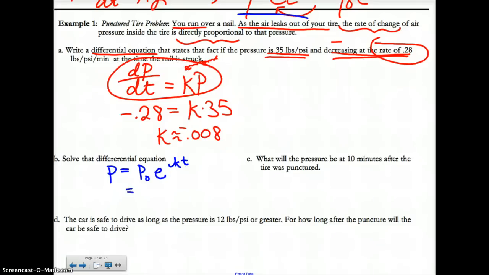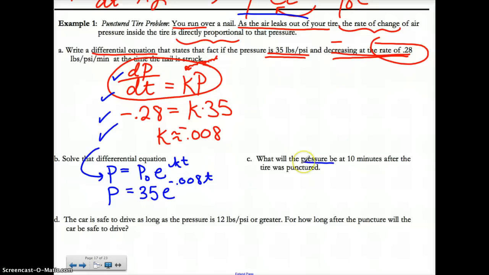They told me it was 35, and I just solved for my K, negative 0.008 t. So this is my differential equation solved. Now again, had I gone through the whole thing, started with this, separated my variables, integrated, etc., it would have led me right down to this model. So you can always create it if you need to.